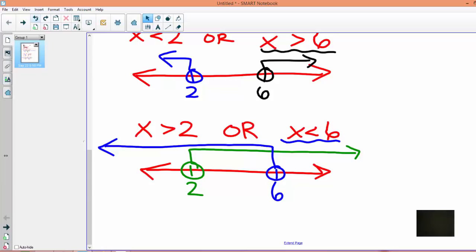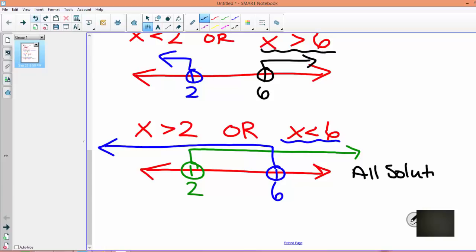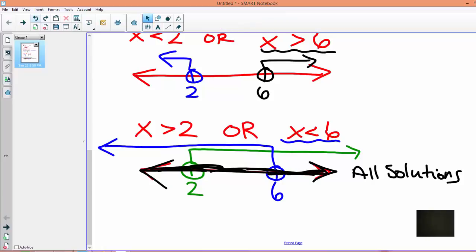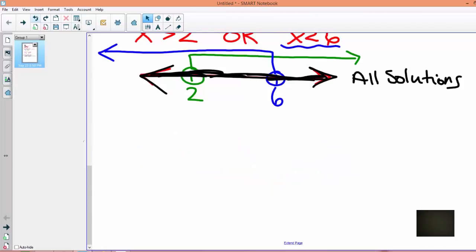So blue or green or both is everywhere. So this is all solutions. And to show all solutions, you can literally darken both arrows and darken the number line, and you're shading every single thing. And I would probably write "all solutions" too because sometimes that's a little hard to see. So these are called compound inequalities.